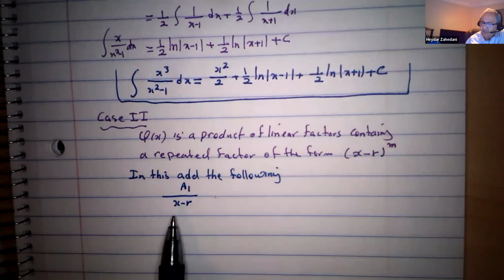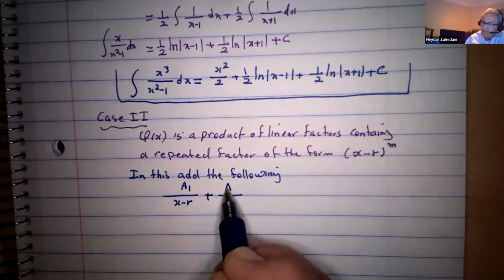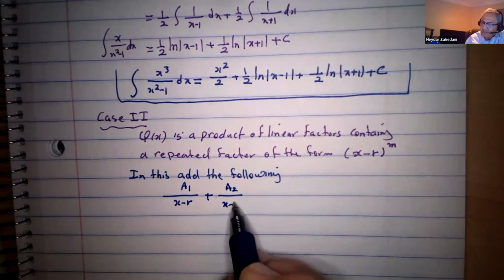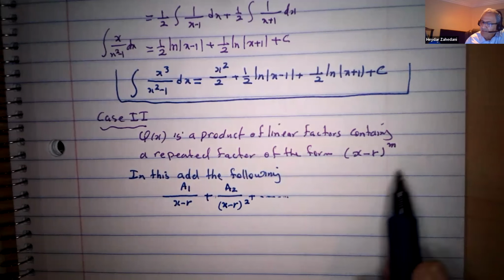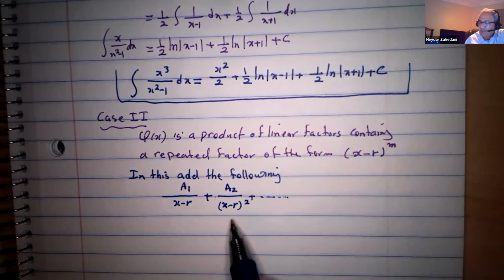So what you're going to do is continue. You are going to have another one with the squares, second power. And then you continue up to this power. So if this is going to be 5, you go up to x minus r to the 5th. Most of the time it's up to the 3. If it's going to be up to the 3, you go up to x minus r cubed. So in this case, I'll go up to the am and the x minus r to the m.